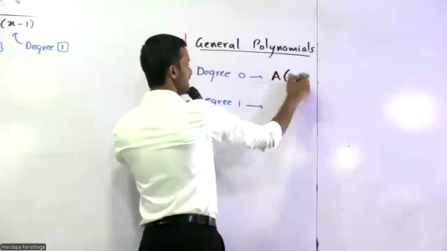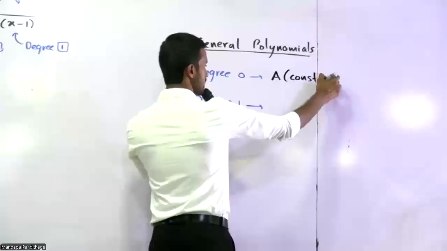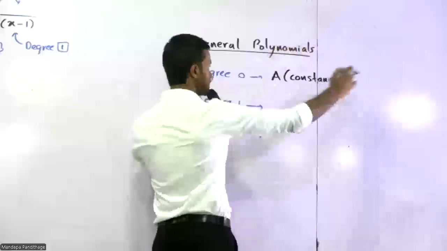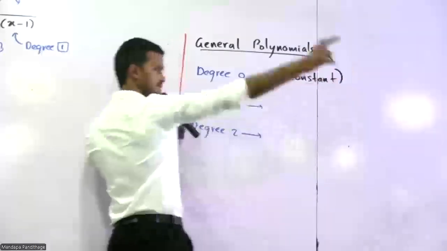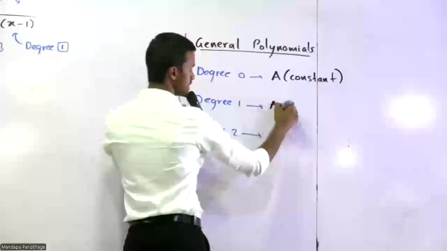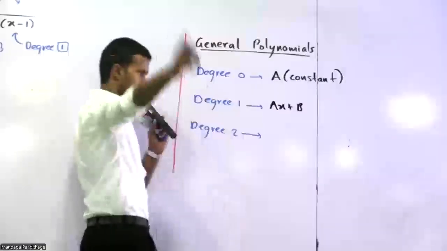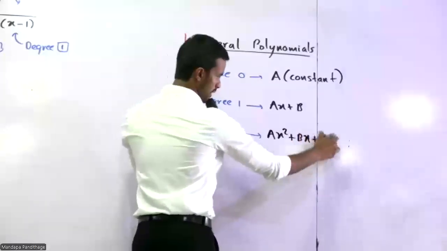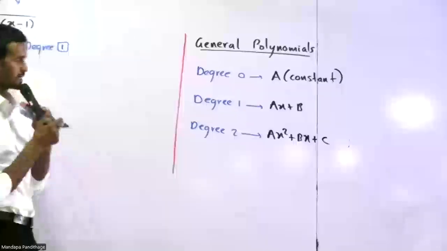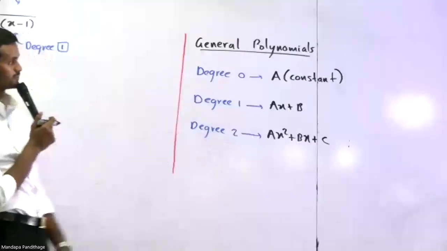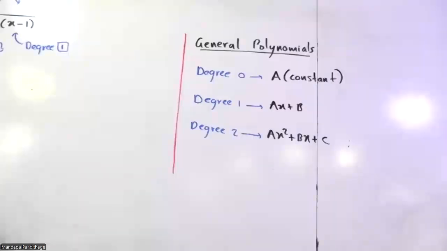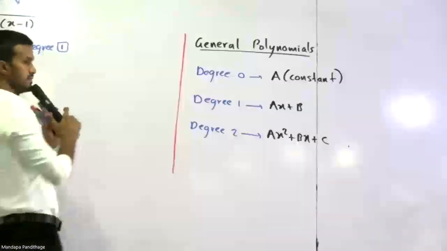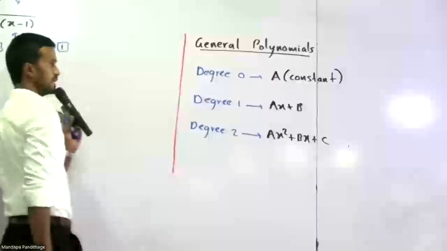You can use any letter, A, B, C. When the degree is 1, the first degree polynomial is in general ax plus b. The second degree polynomial is ax squared plus bx plus c. I'm not going to write the third degree polynomial because under partial fractions we'll only be working with these. Newcomers, write this towards the right hand side of the book: when the degree is given, how can we take a general polynomial?